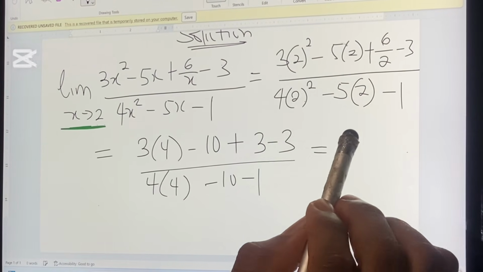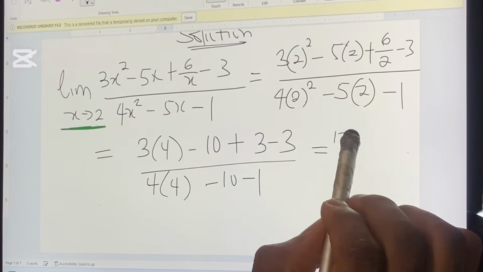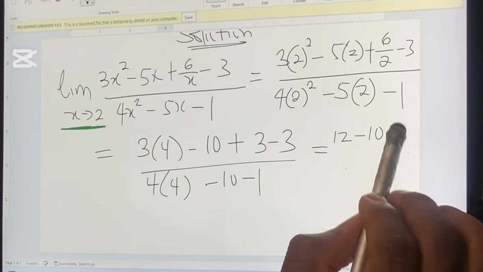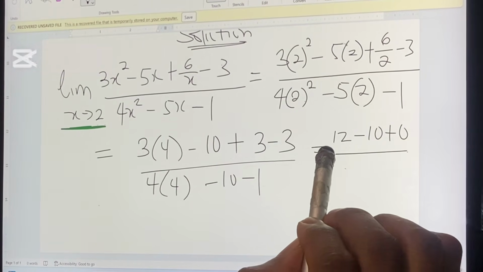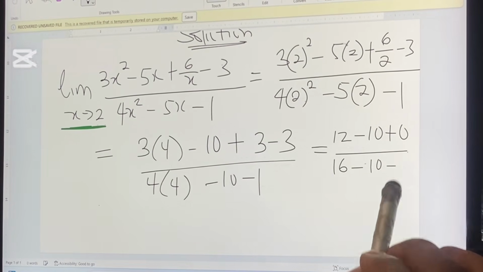When you simplify the numerator part, 3 times 4 will give us 12. Please take note. So I will have 12 minus 10 plus 3 minus 3 over 4 times 4 will give us 16, that is 16 minus 10 minus 1.